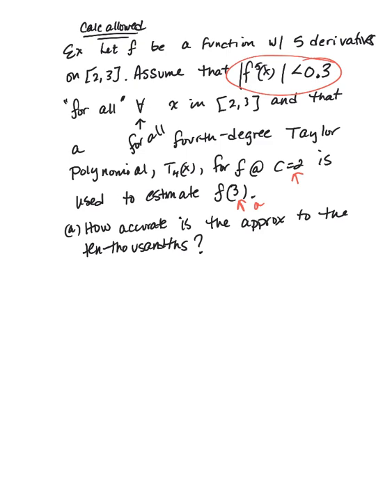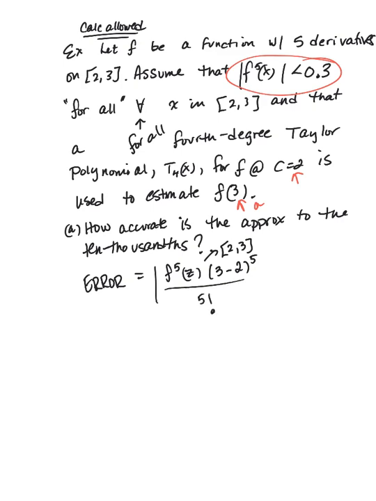So the error would be equal to the max of the 5th derivative at some value from 2 to 3. It could be at an endpoint. And then we have where we're approximating minus our center to the 5th power over 5 factorial.